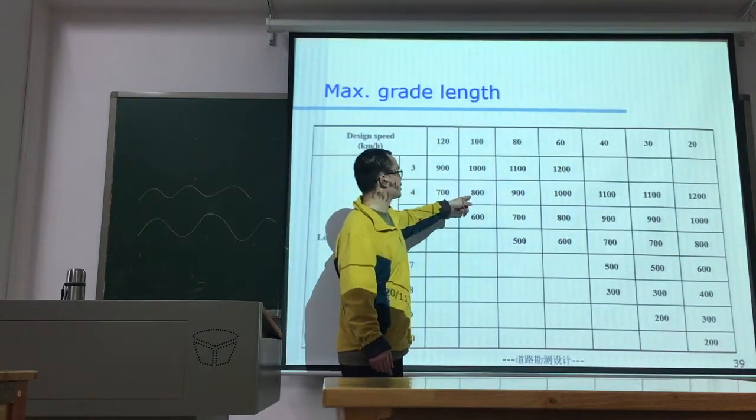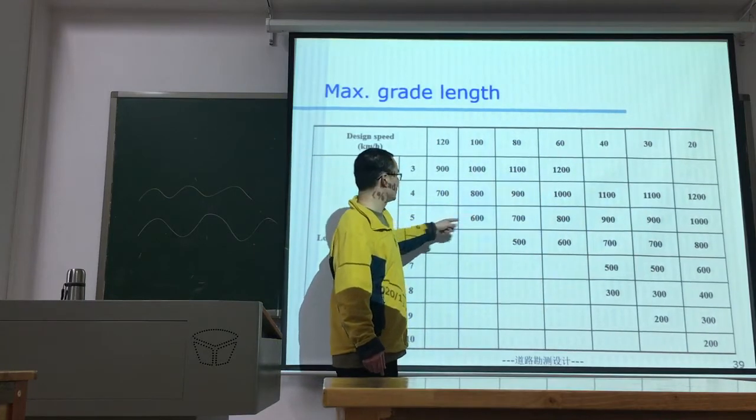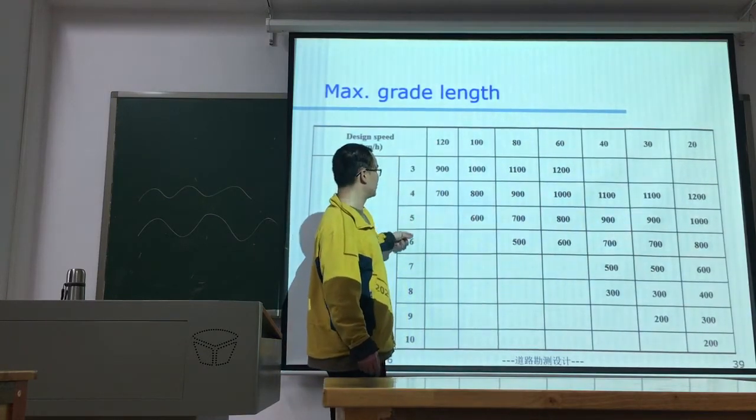For 100 kilometers per hour, the maximum is 5%, not 6%.